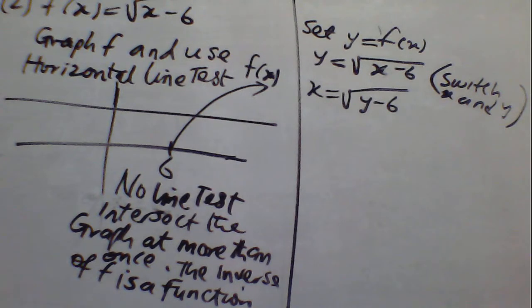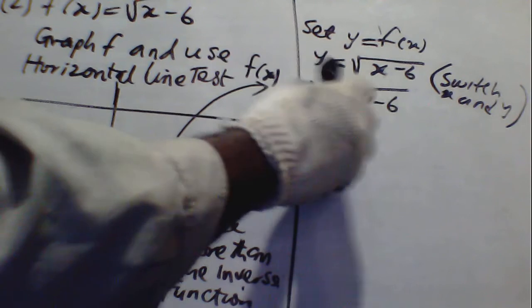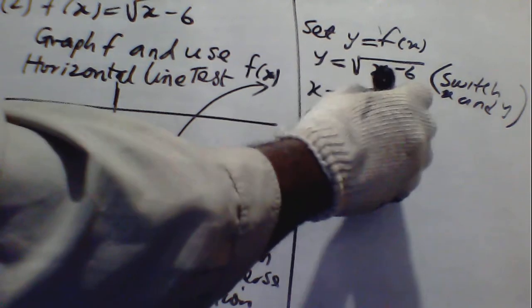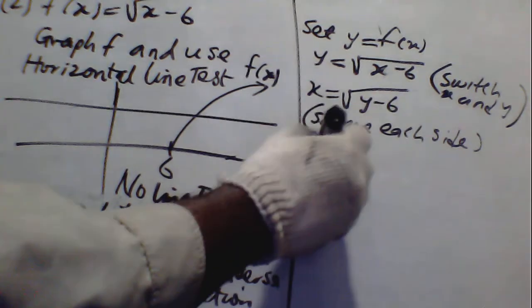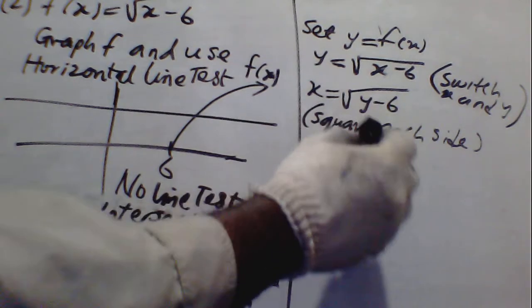Then square each side of the equation. This will give us x squared equals y minus 6.